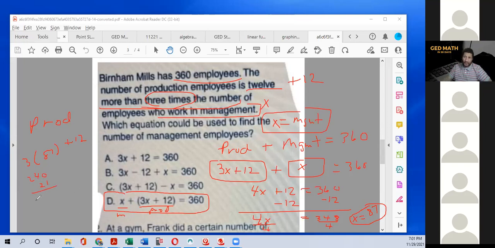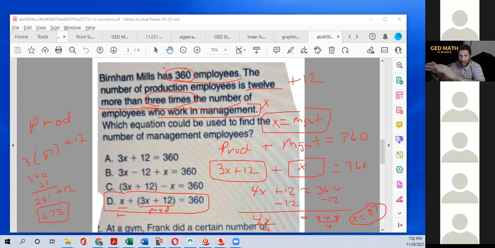We add those up: 261 plus 12, we get 273. So these were the production, right? If we add that 273 plus that 87, what do we get? 360.